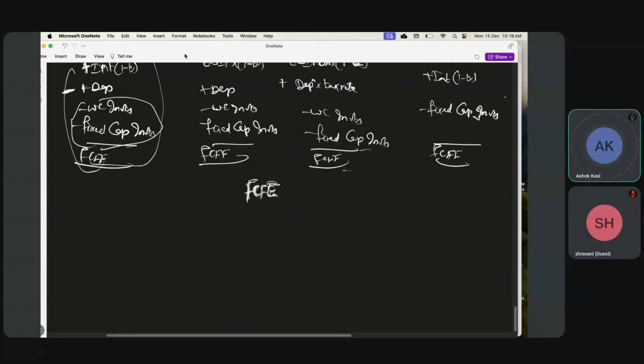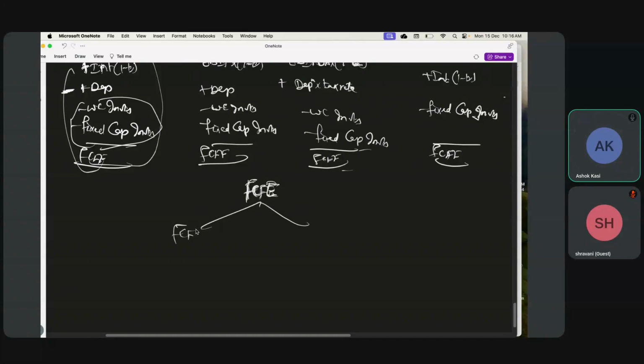Now here, FCFF and CFO. FCFF minus interest. Now I'm separating this interest. Then plus or minus net borrowing. If more borrowing we have done, it will be plus. If we have repaid the borrowing, it will be minus.